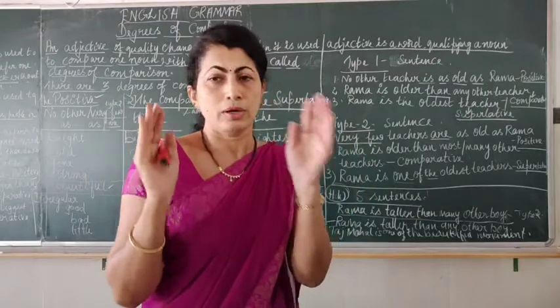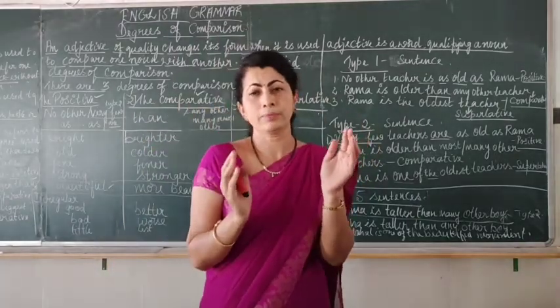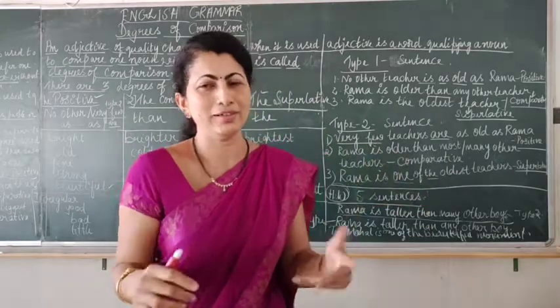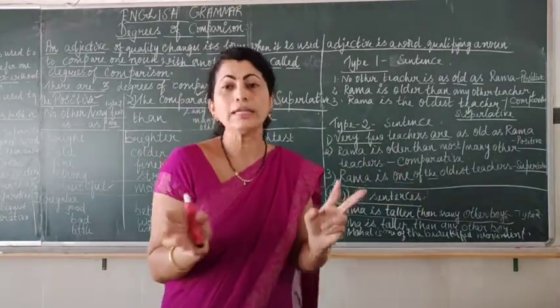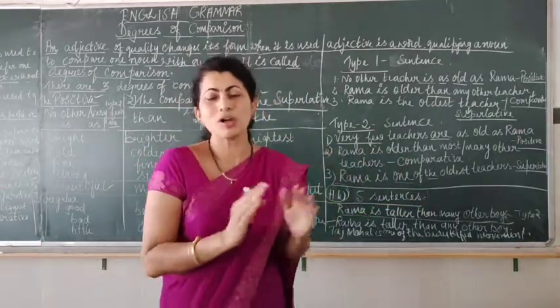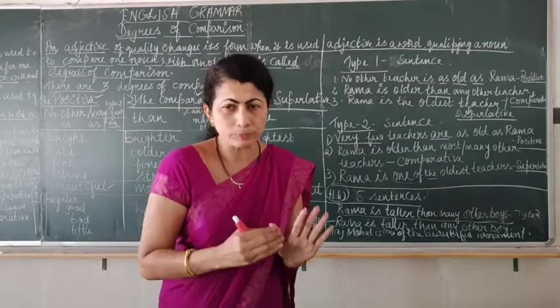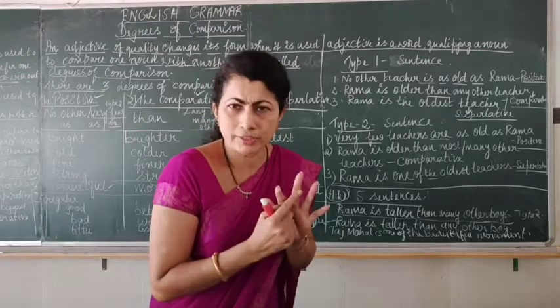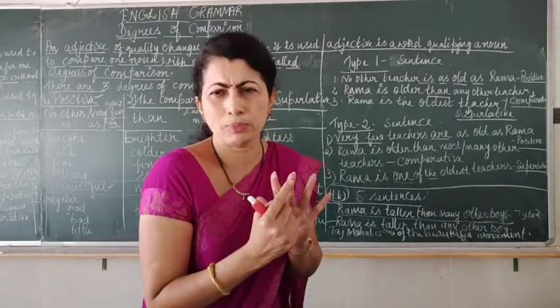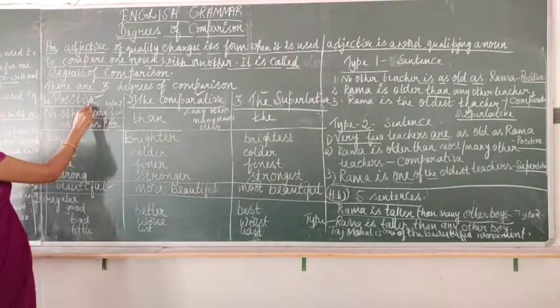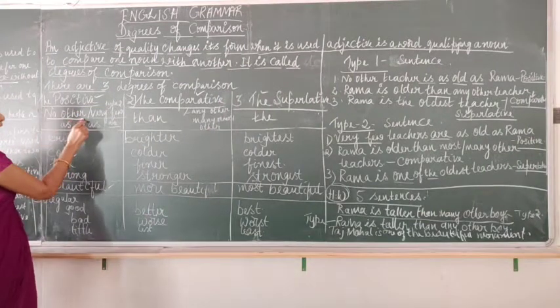To remember this, I will give you one term so that it is a fun way of learning English grammar. The bodyguards, or the extra words that we use along with the adjective in the positive, the comparative and the superlative. In the positive we use the words no other.